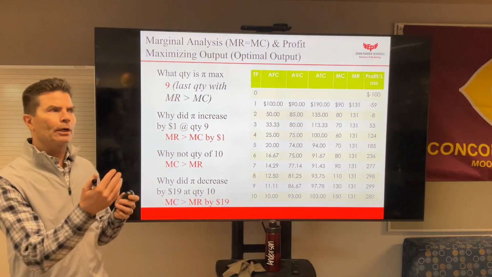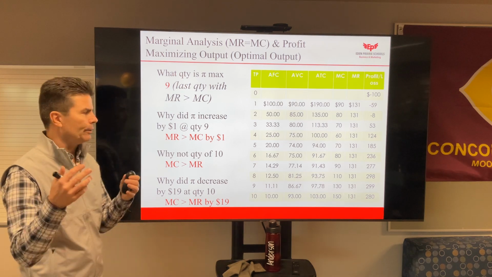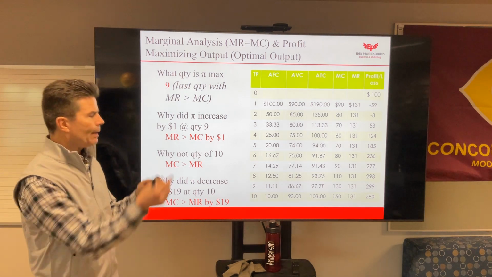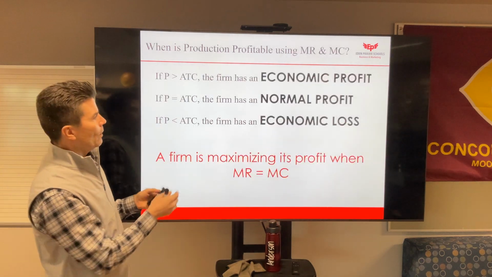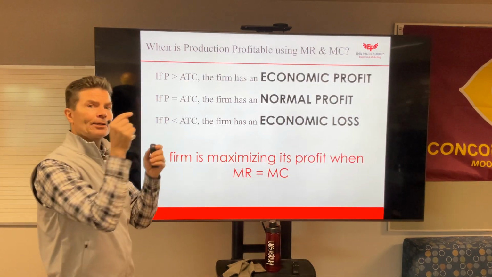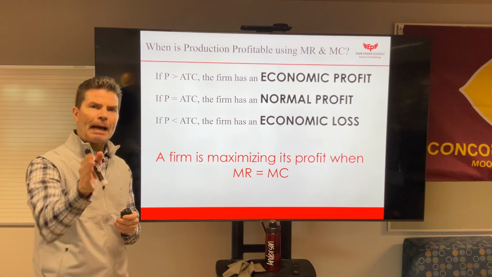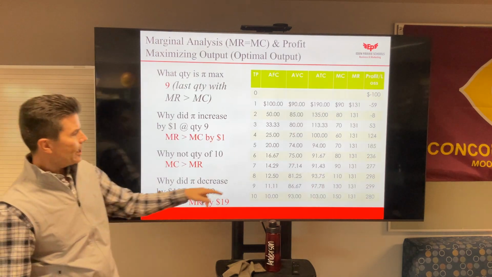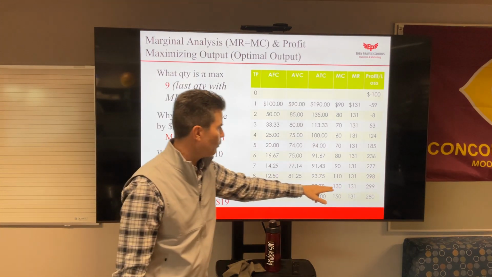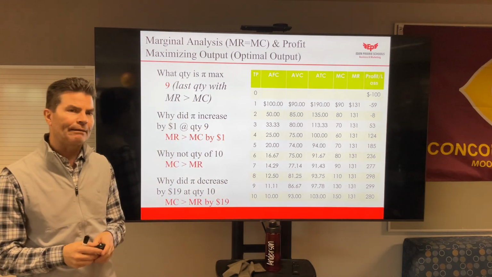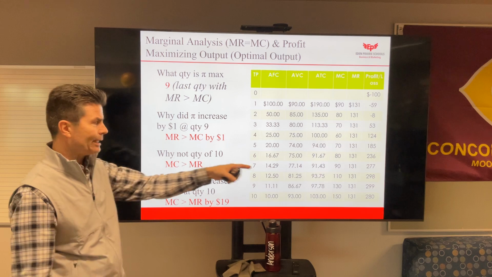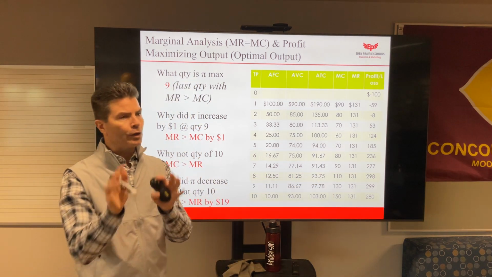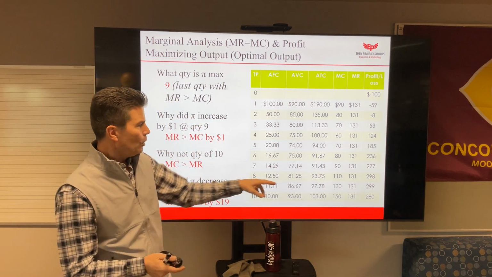We're going to graph that in the next video. What we're also going to see as we go through here is that the price is greater than ATC at the optimal quantity, which is a quantity of 9: $131 is more than 97.78. You can pause the video and do the calculation.